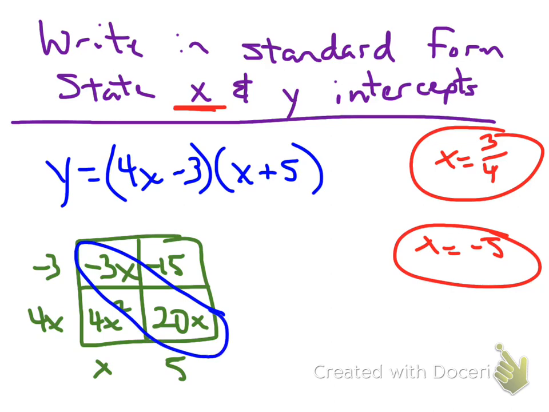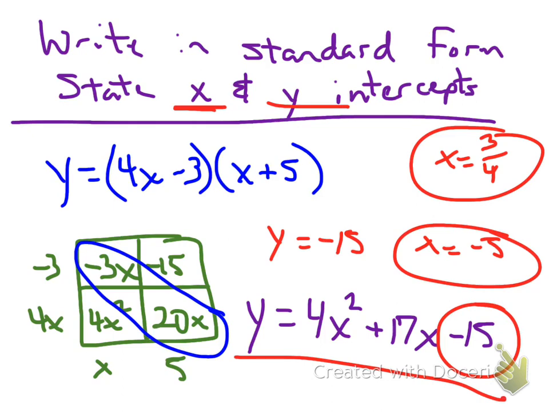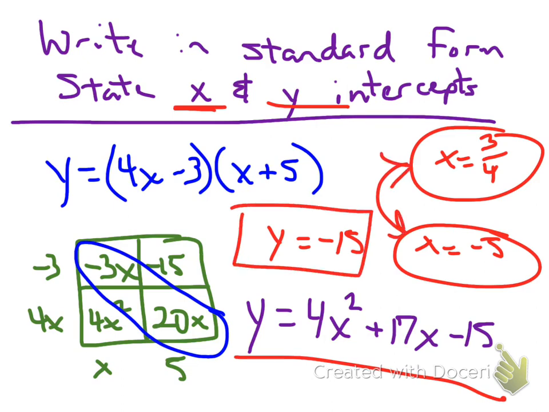So in standard form, this is y equals 4x squared plus 17x minus 15. That is standard form. And my y-intercept now is negative 15. So I've written in standard form here in purple, I've solved for my x-intercepts, and I solved for the y-intercept. Next topic.